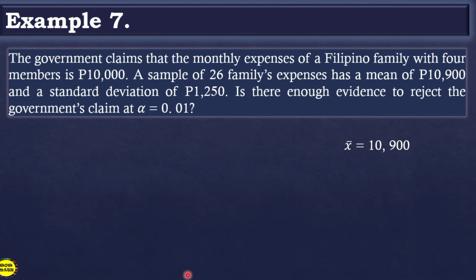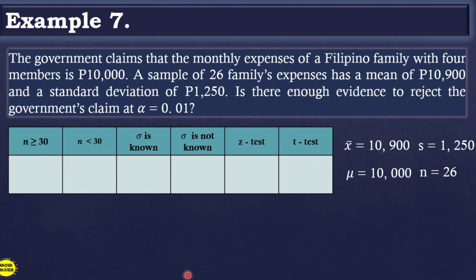So what are the given data? So the sample mean is 10,900. The population mean is 10,000 and the sample standard deviation is 1,250 and the sample size is 26. So based on the given data, the sample size is less than 30 and the population standard deviation is unknown.